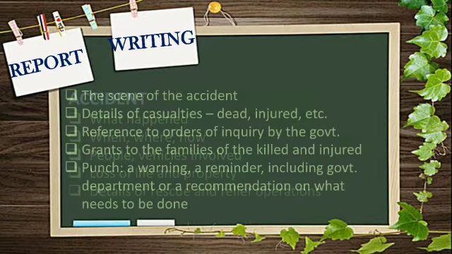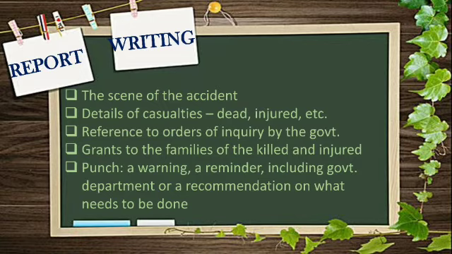Then the scene of the accident, details of casualties, meaning dead, injured, etc. Then reference to orders of inquiry by the government, grants to the families of the killed and injured. Then in the end the punchlines must be there, meaning some sort of warning, reminder, including a government department or a recommendation on what needs to be done. They all must be mentioned in a good report.